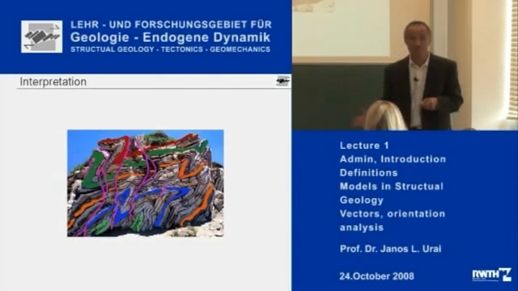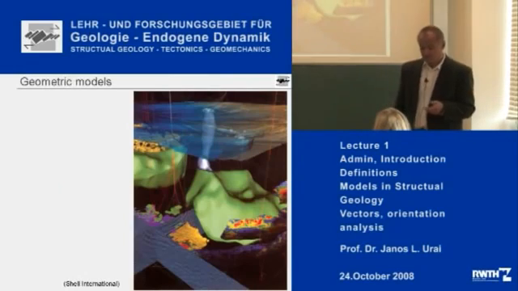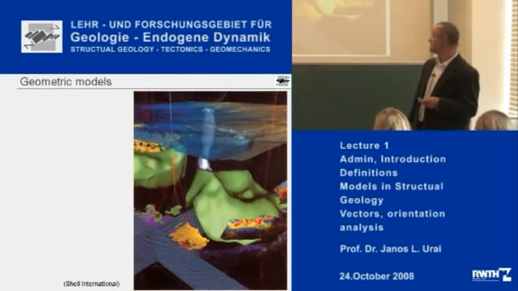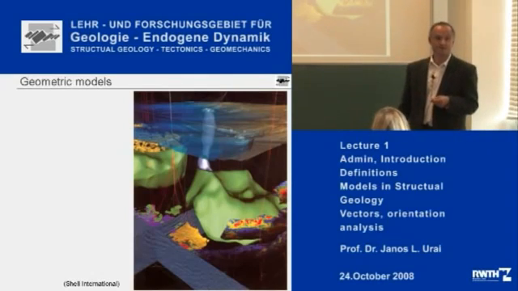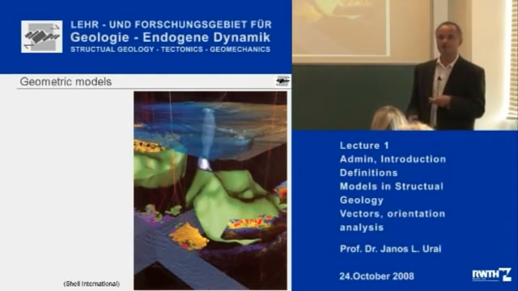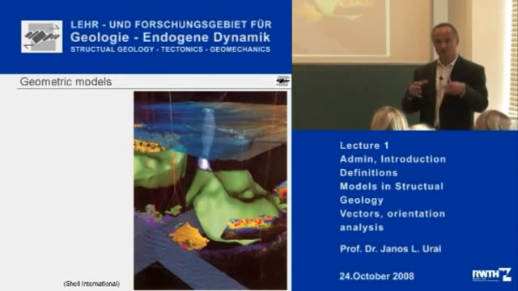Geometric models. This one is two-dimensional and very simple. This one here is three-dimensional, and it's very complicated. What you see here is the result of maybe $50 or $100 million of geophysical data acquisition. It is a small part of the subsurface of the North Sea.